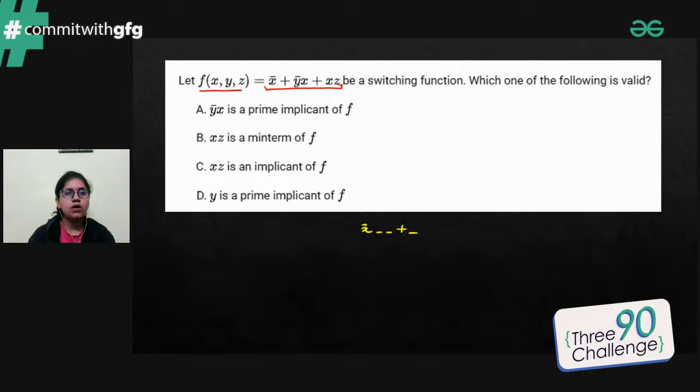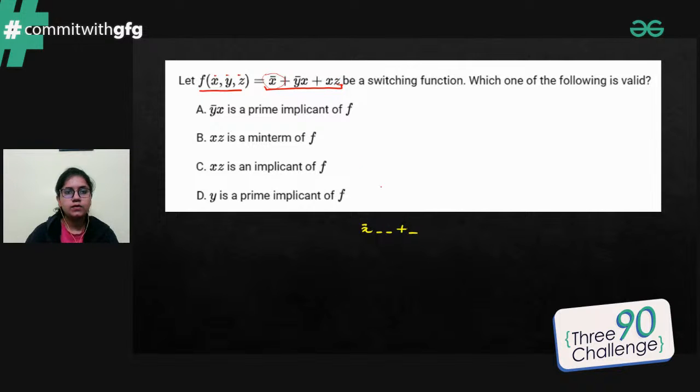See, the order also you should maintain: it should be x, y, z. In the function, it is given as x, y, z, so likewise you should maintain the order here.